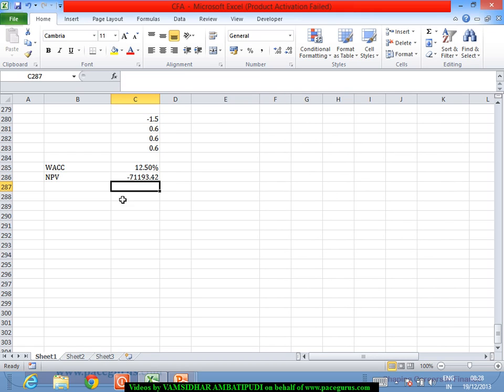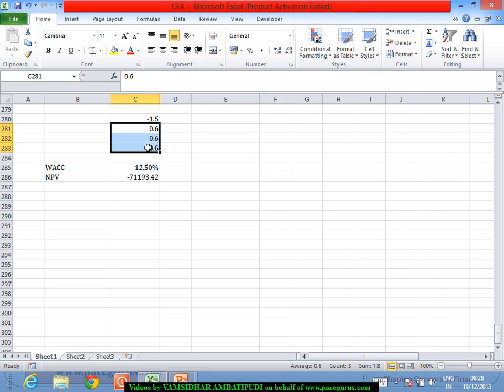So there is a negative 71,000 as the NPV for this project. So I would have directly eliminated or avoided this project. If at all I am expecting 0.6 million cash flows over the next 3 years and my required rate of return is 12.5% per year, I would have safely avoided this project because this will result in NPV of around 71,000 negative.